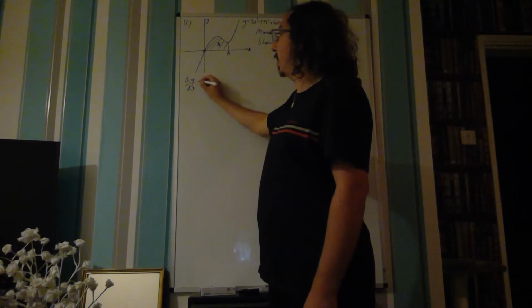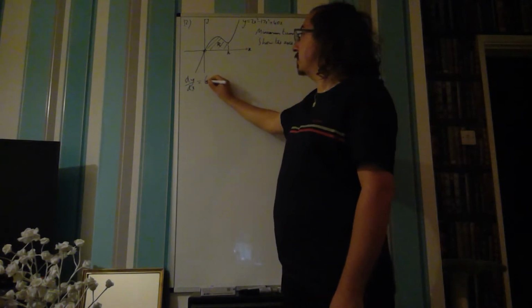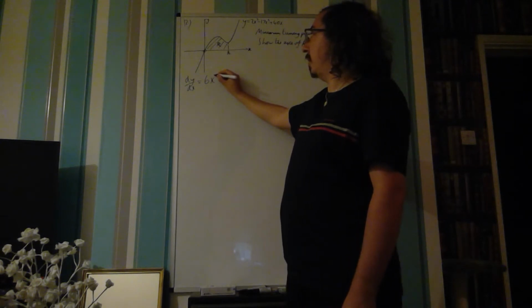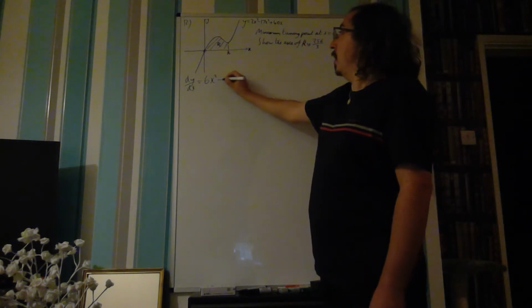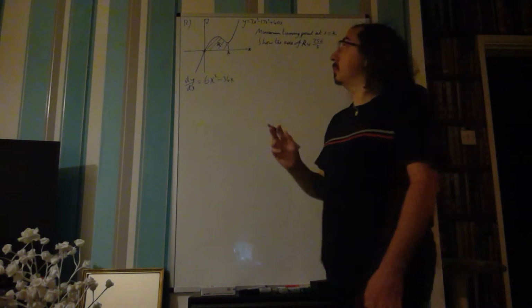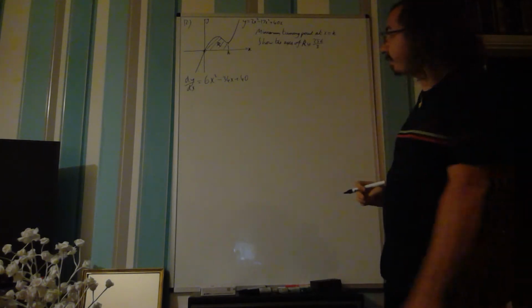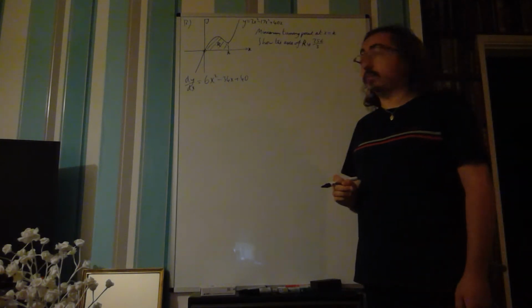So dy by dx is equal to, if we differentiate, 2 times 3, which is 6, x, dropping the power by 1, which is 2, minus 17 times 2, which is 34, x, dropping the power by 1, plus 40. So that's our differential.